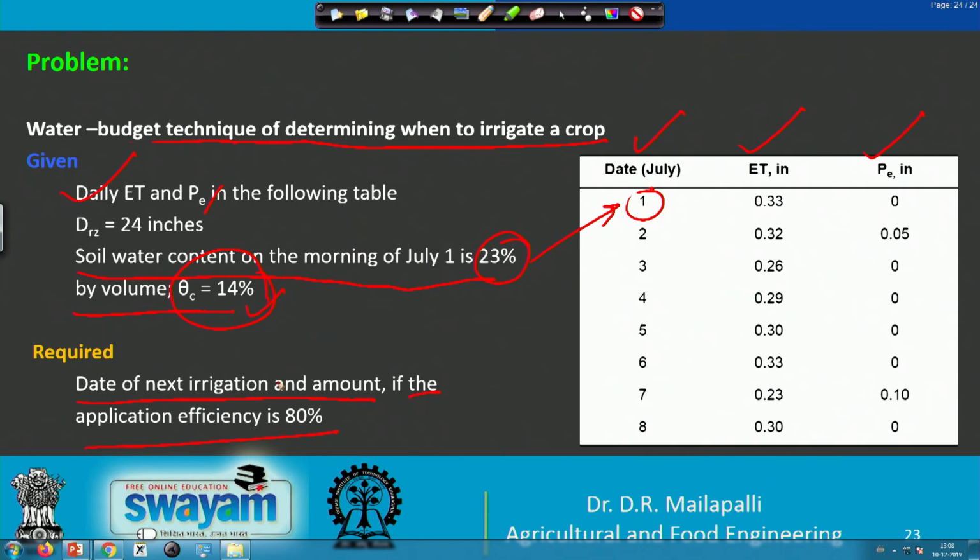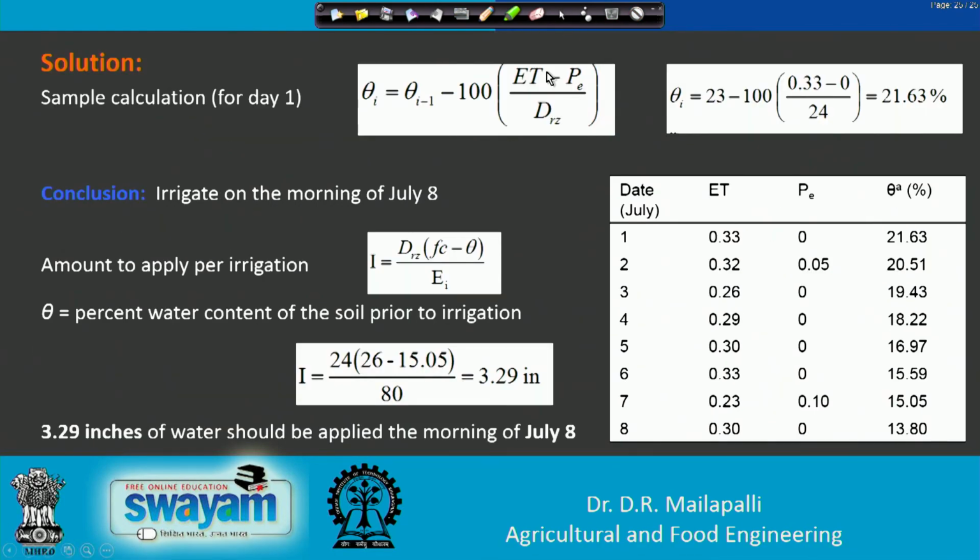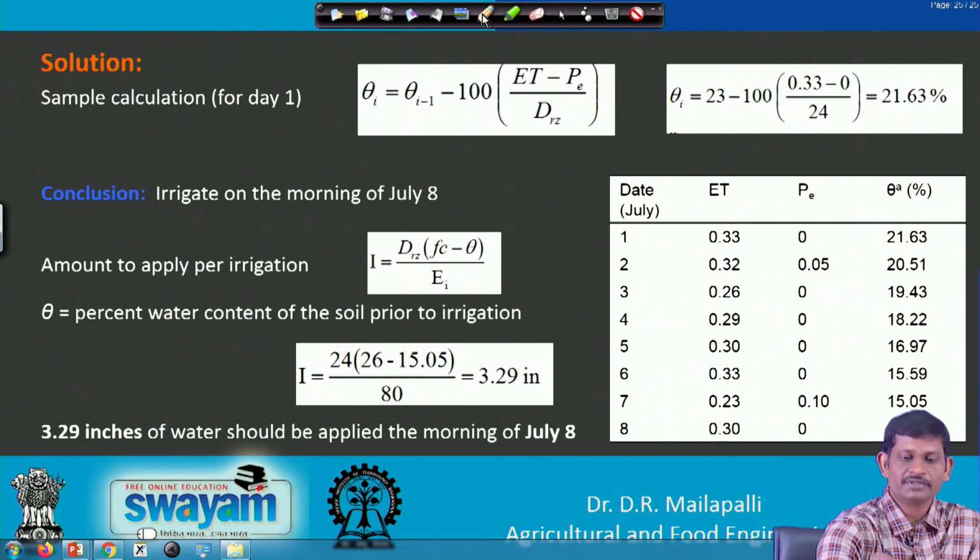So, this is the question. We have daily ET data, daily PE data, that is effective rainfall data, and the initial soil moisture. Based on that you have to find out when to give the next irrigation and how much to give. Here are the calculations, if you go through the solution.